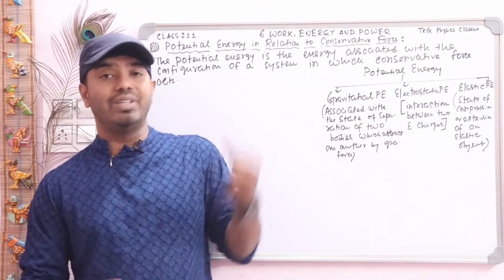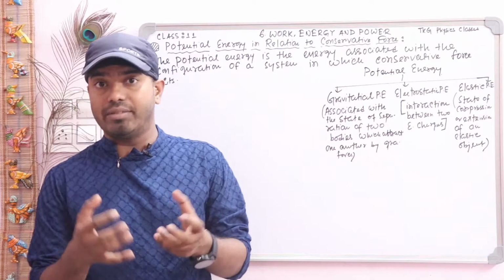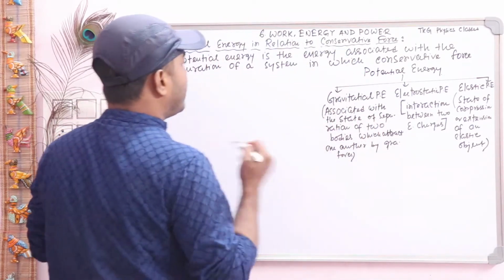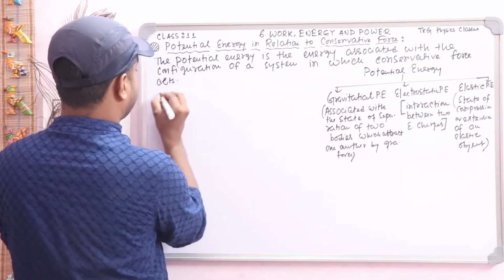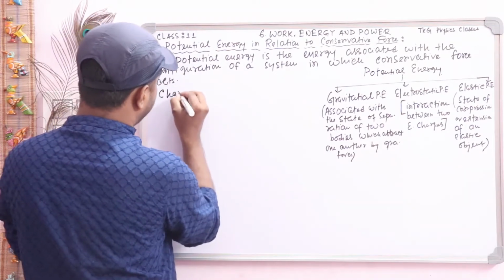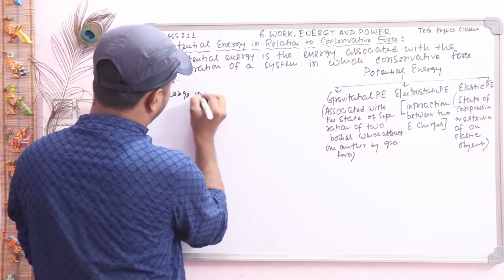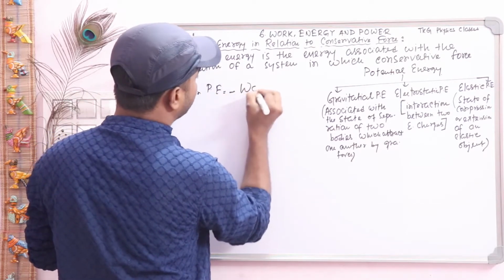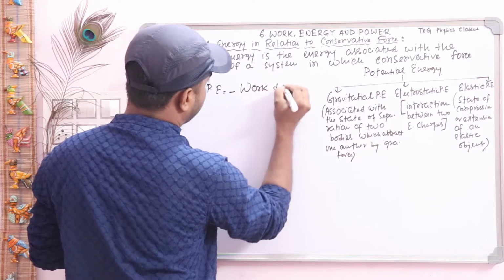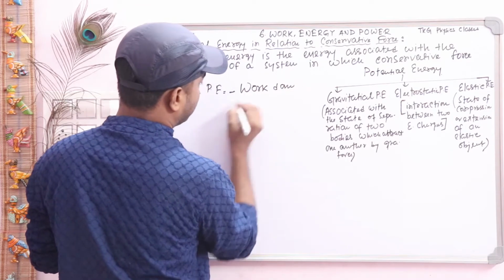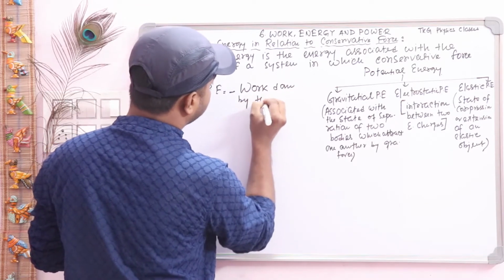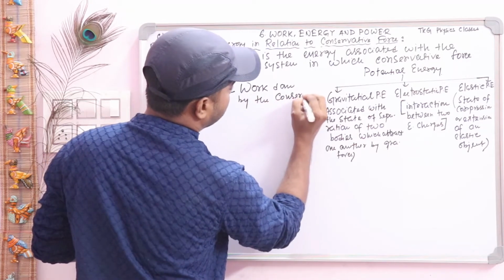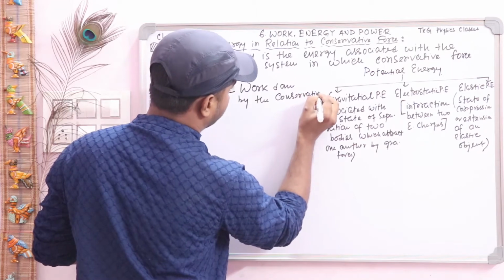Now according to our definition, what can we write mathematically? Write it, very important this one, students. The change in potential energy is equal to the negative of work done by the conservative force.